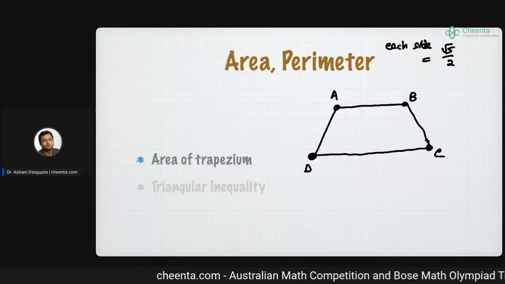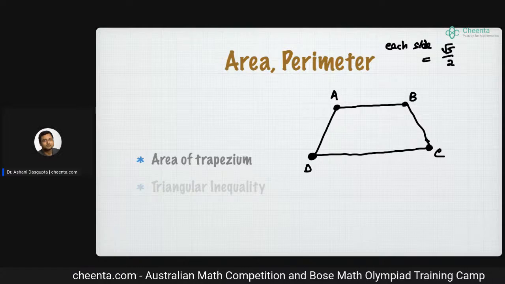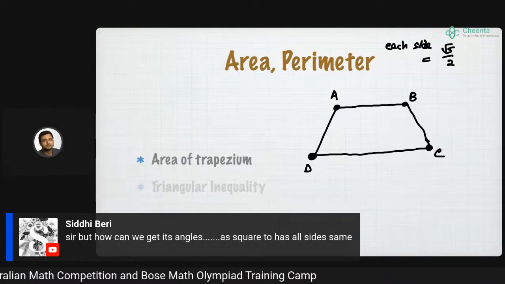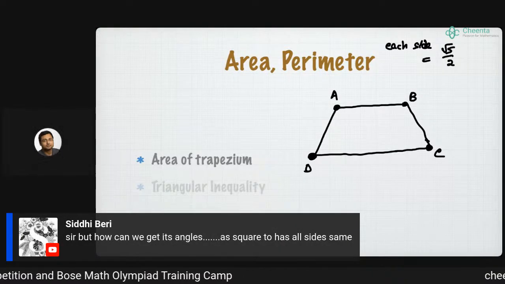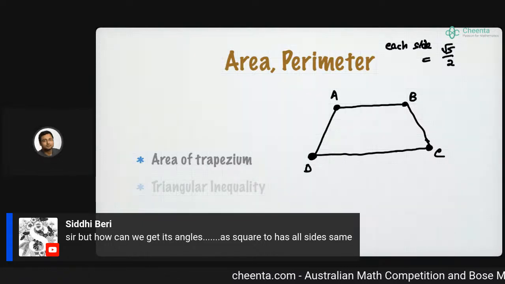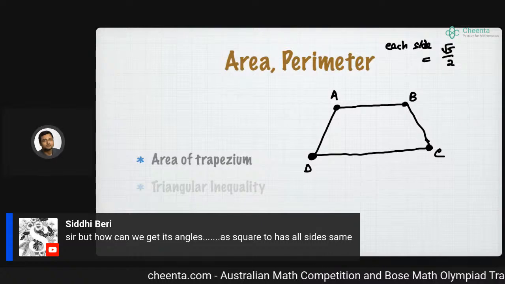How can we get its angles as square? So Siddhi is asking, let me answer this question from the previous problem. How can we get its angles as squares? So it's not a square, it's a rhombus. And how do you know it's a rhombus?